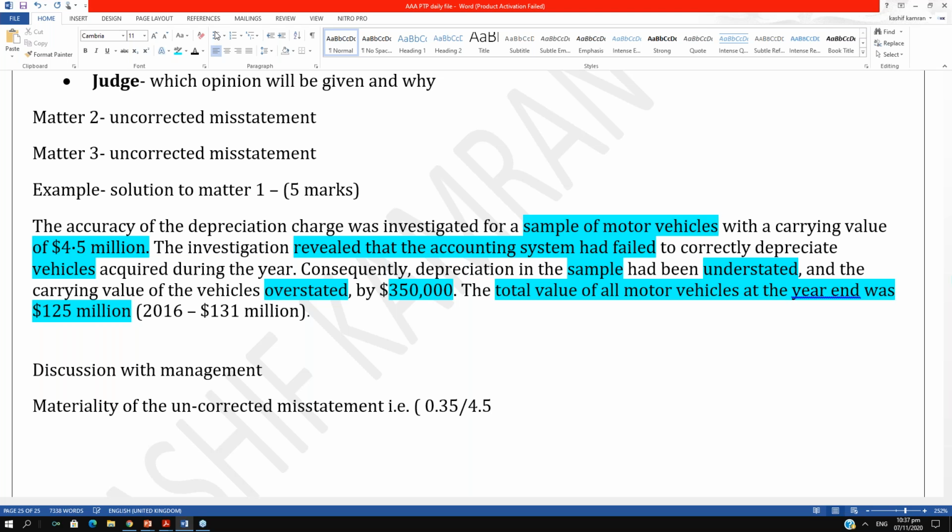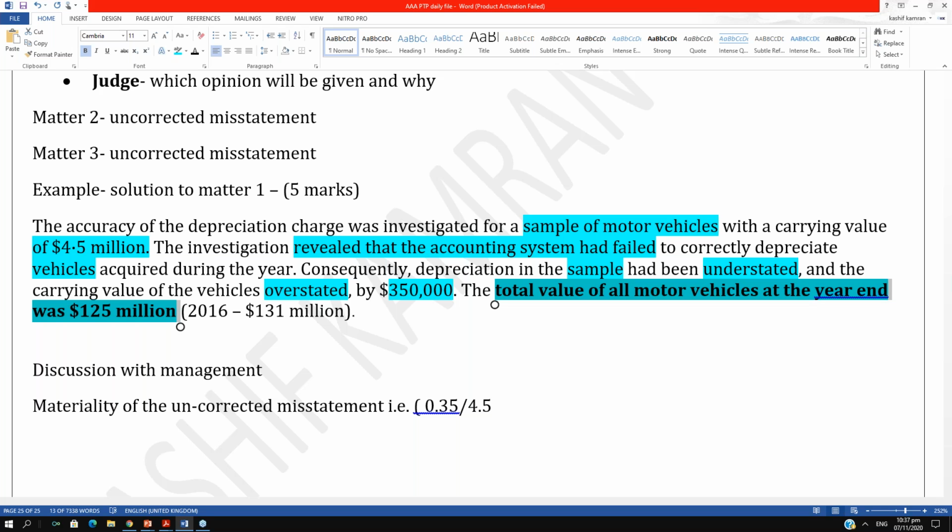It was 0.35. And how much will be the total misstatement in the total value of the motor vehicles, which were 125?